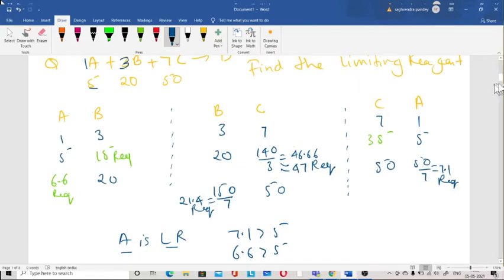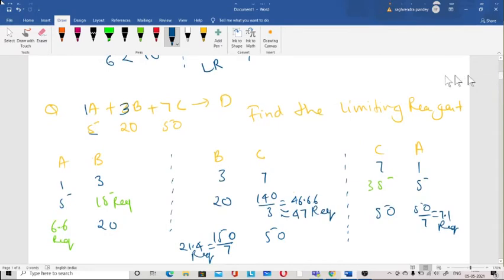So what I was saying, suppose they ask you to find the number of moles of D. D is this product. How many moles of D will form?